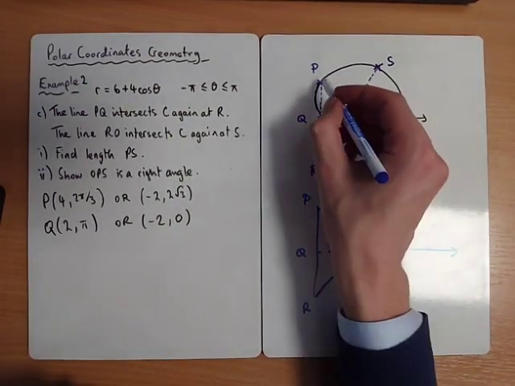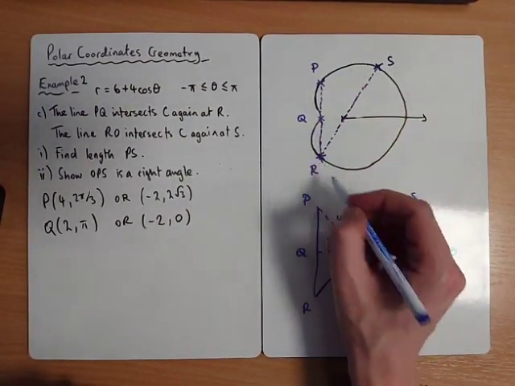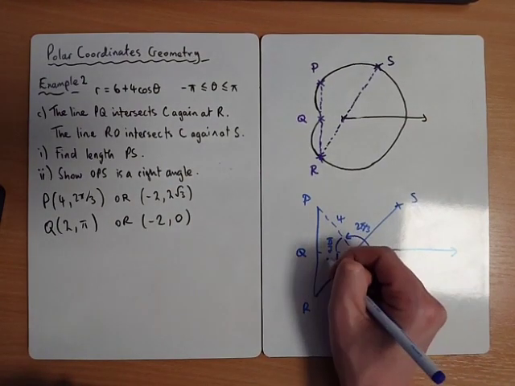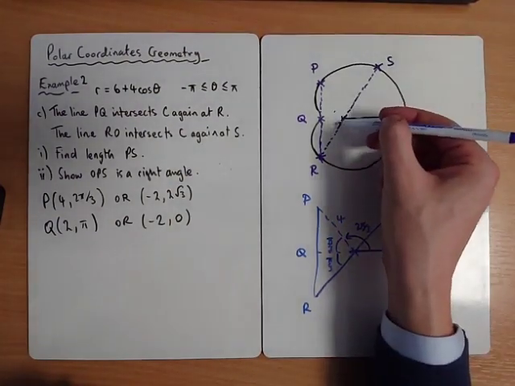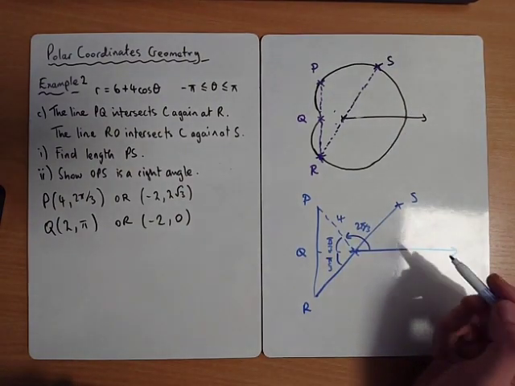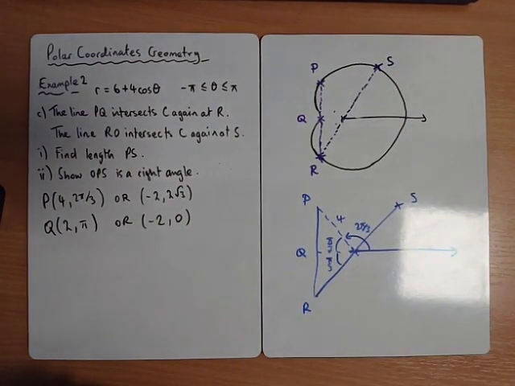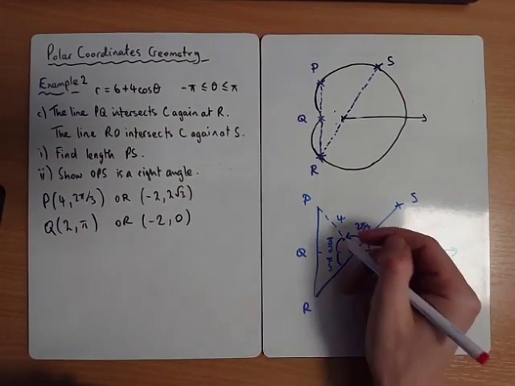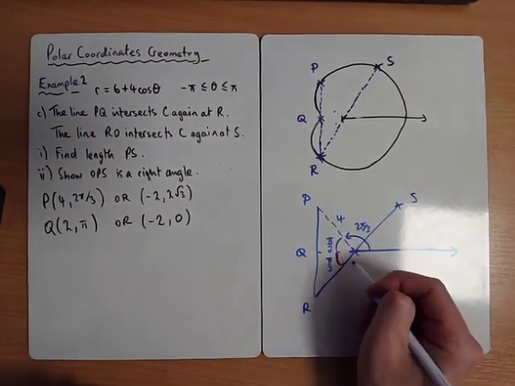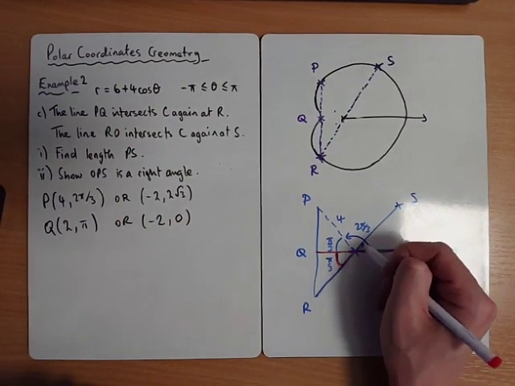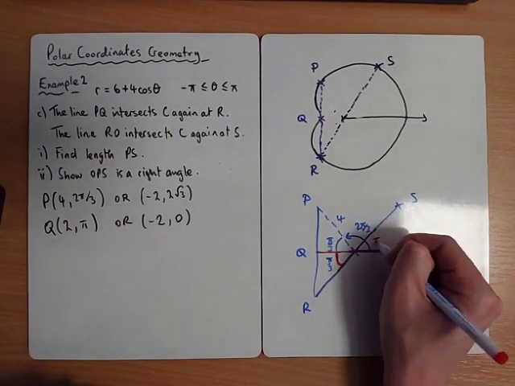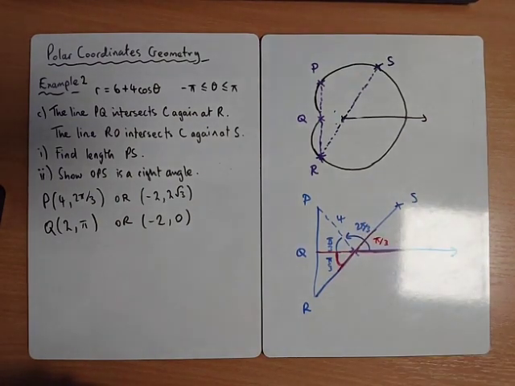But because of the symmetry, as we go underneath here, that angle there is also pi over 3, just by comparing those two. So if I know this angle here is pi over 3, then I also know this angle over here is pi over 3, don't I?